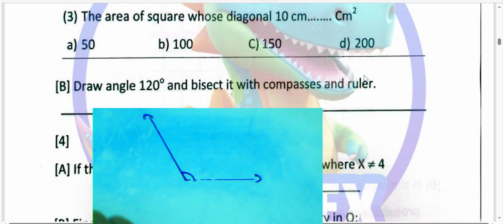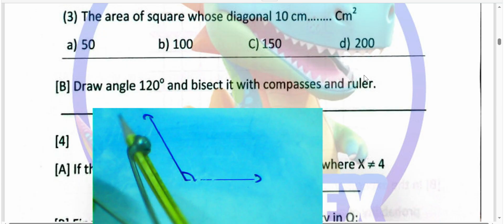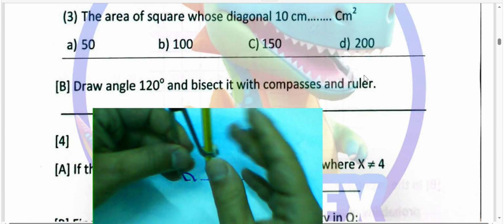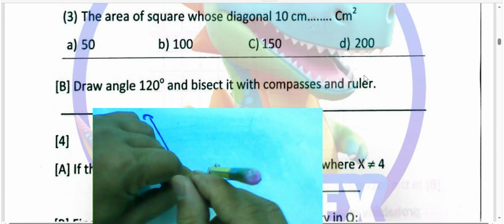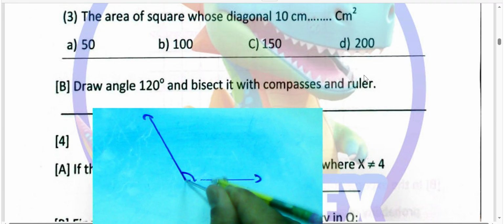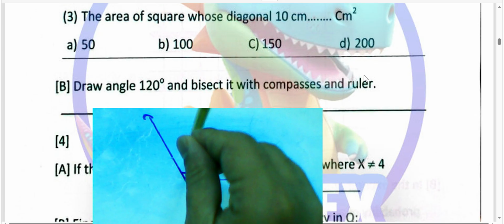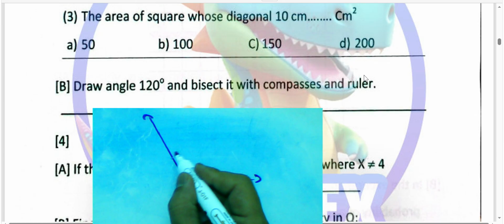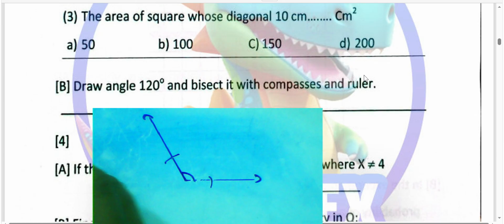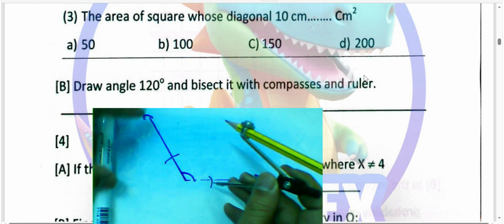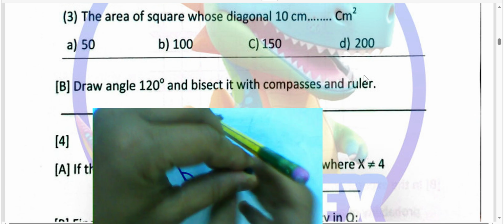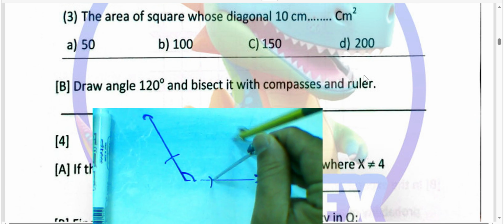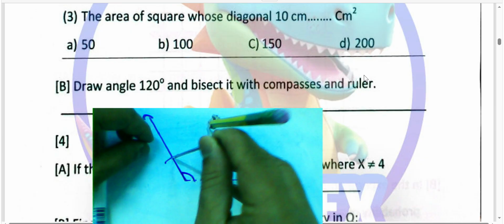Now I will open the compass, start like here, and then open the compass and draw an arc here and here. The intersection gives 2 points, this first point and this second point. Next step, open your compass and then draw the arc up here and again an arc.